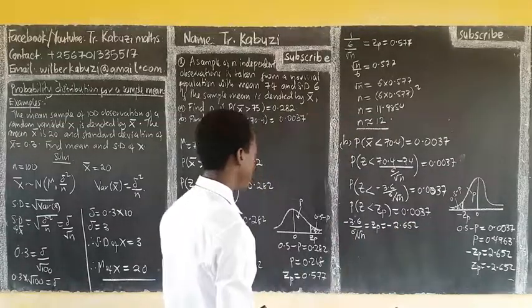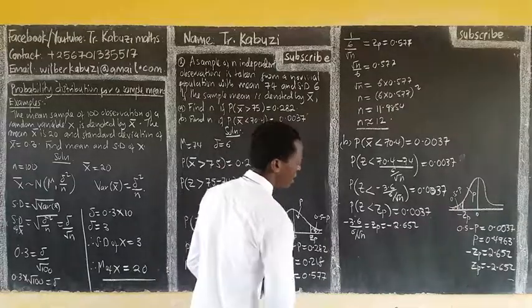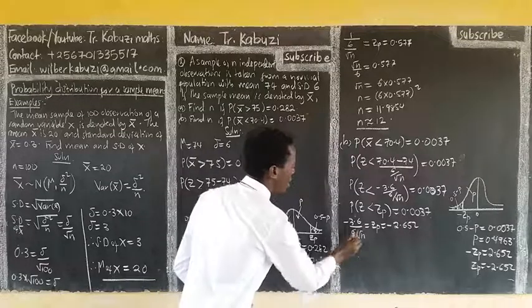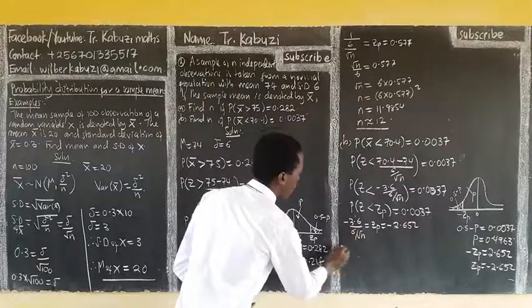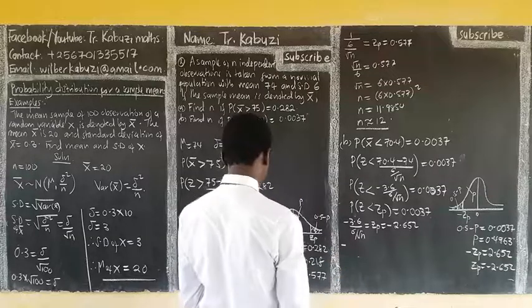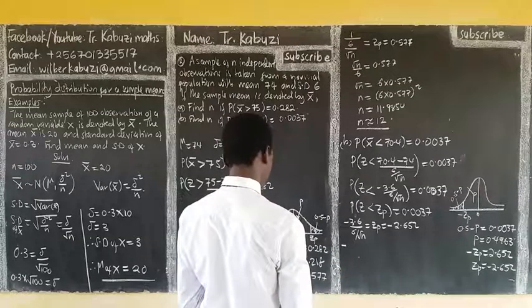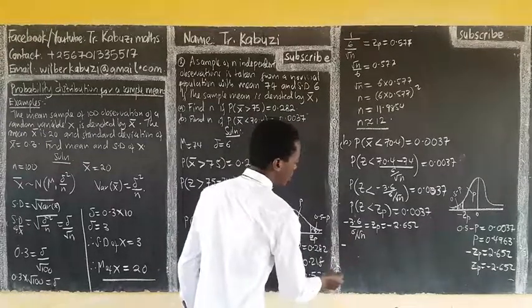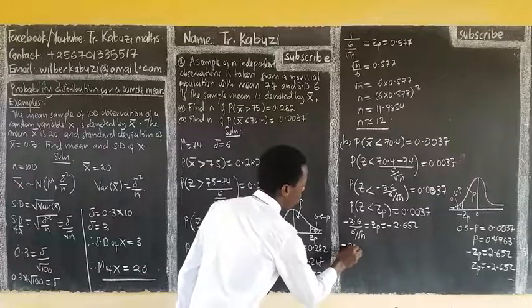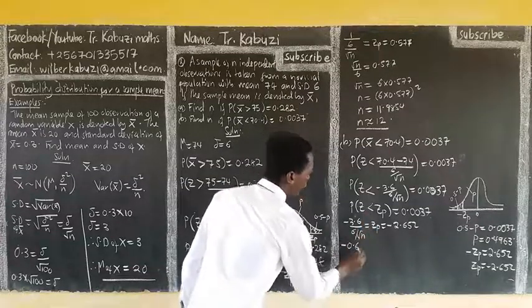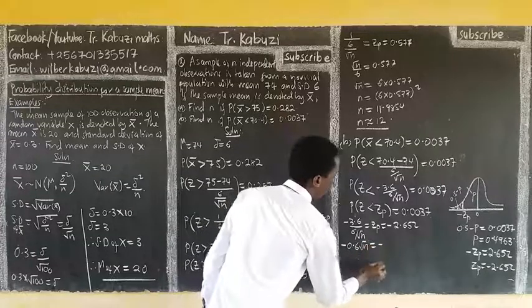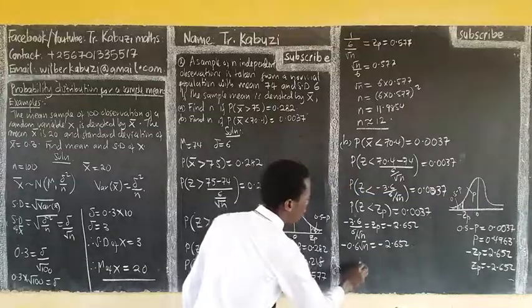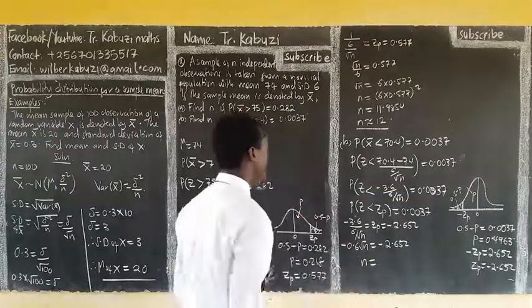If we simplify that, we can divide this by this to get negative 0.6. Then get the reciprocal: root n is equal to negative 2.652.